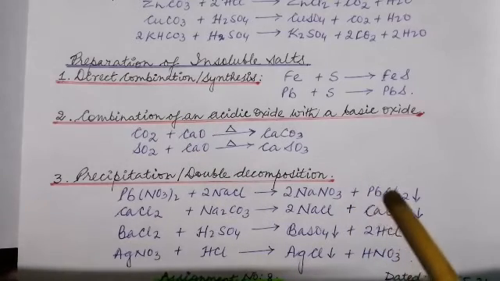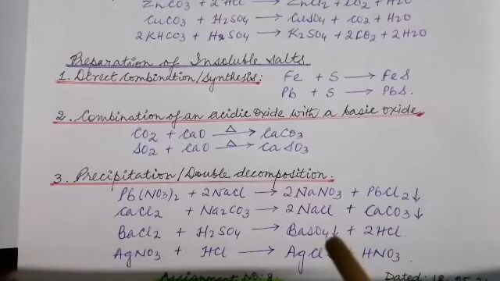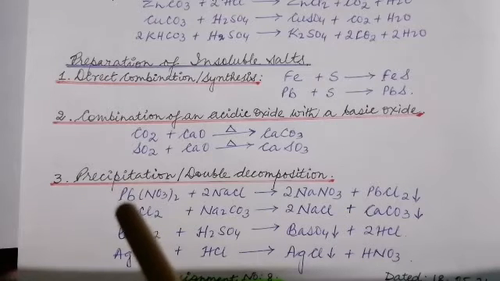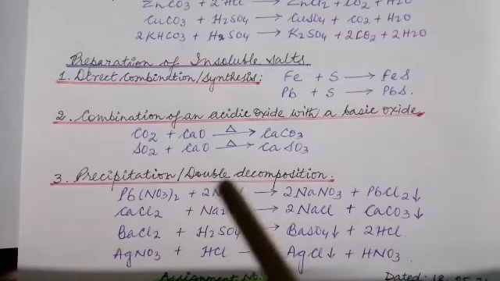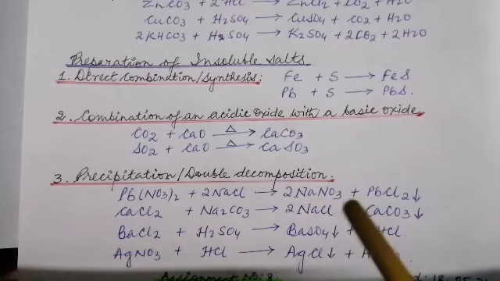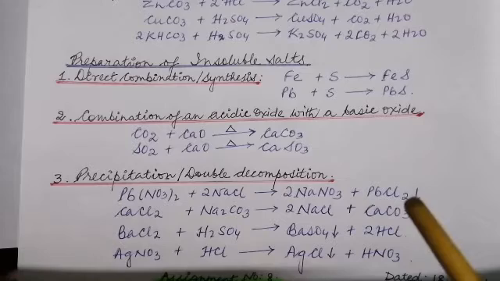Now, these are all insoluble salts. Okay, look at the arrow pointing downwards. They are all insoluble in water. The first one, when I react lead nitrate solution with sodium chloride solution, what do I get? A clear solution of sodium nitrate and a white precipitate of lead chloride.